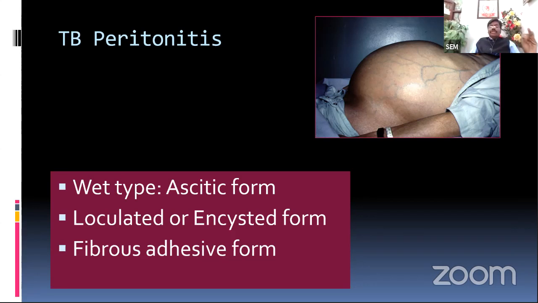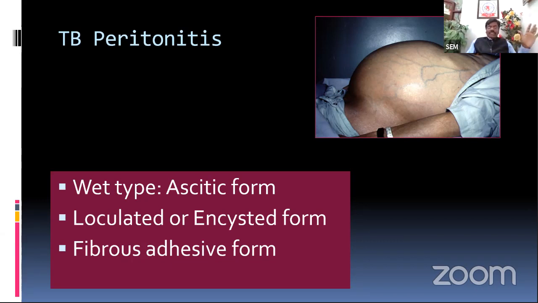Number 2, is it due to tuberculous ascites? Third, is it a case of cirrhosis, portal hypertension with transudate ascites? Or is it due to some cause of failure, like renal failure or cardiac failure, or because of hypoproteinemia? These are the rarer causes for ascites.